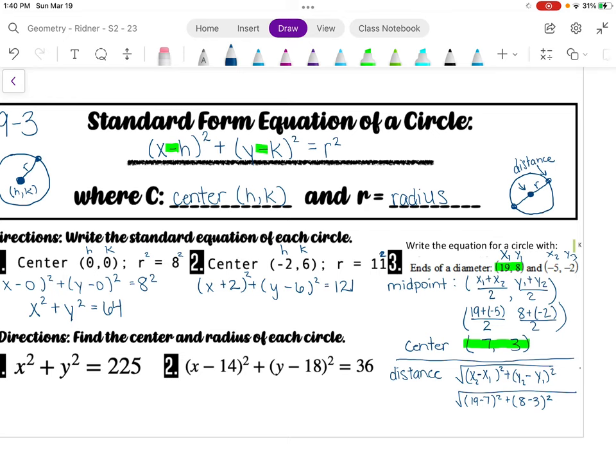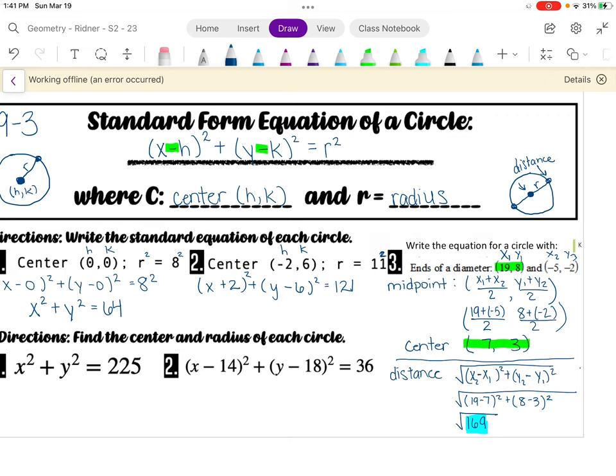19 minus 7 is 12 squared, and then 8 minus 3 is 5 squared. So 144 plus 25, I'm being a human calculator right now, is the square root of 169. Okay. You can actually just leave it right there because the number that we will use is the number under the radical.